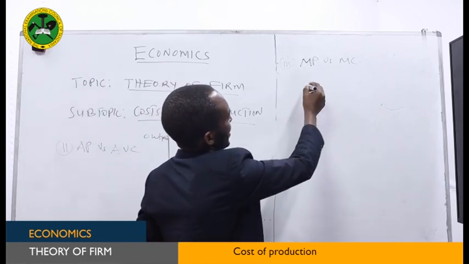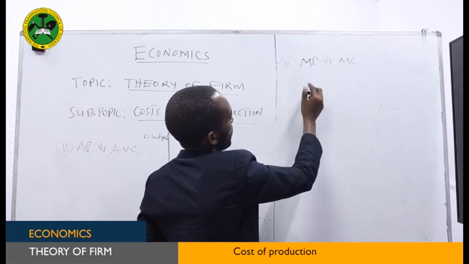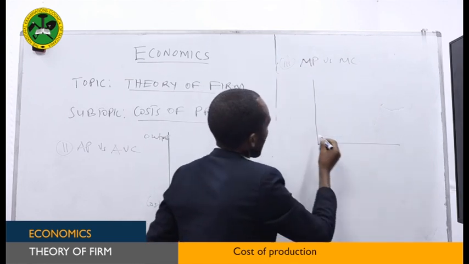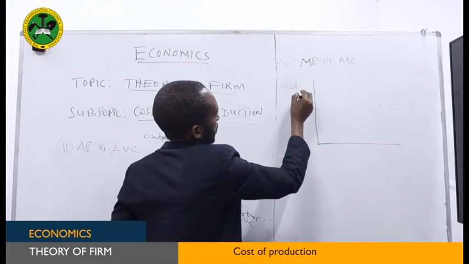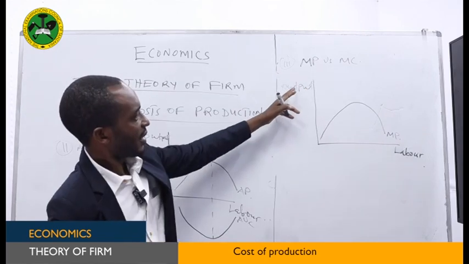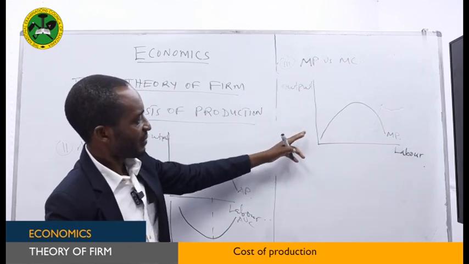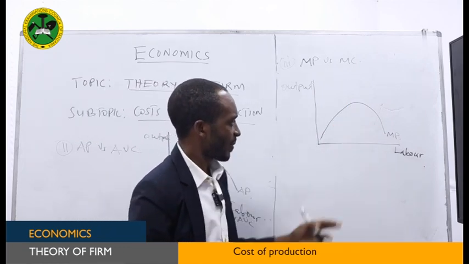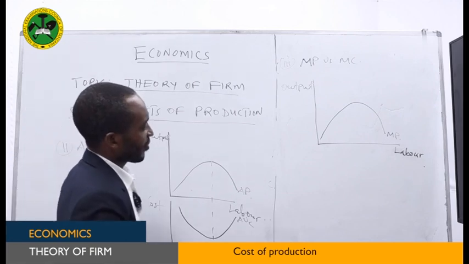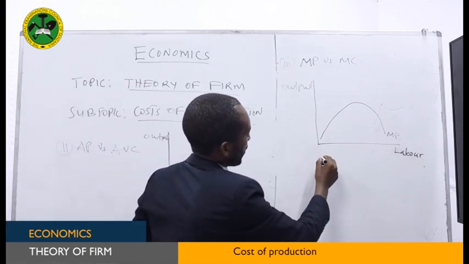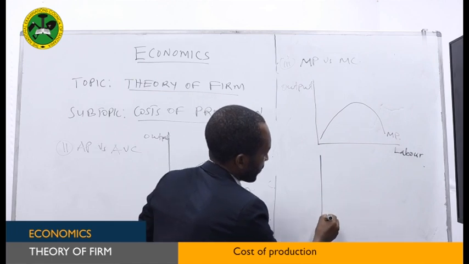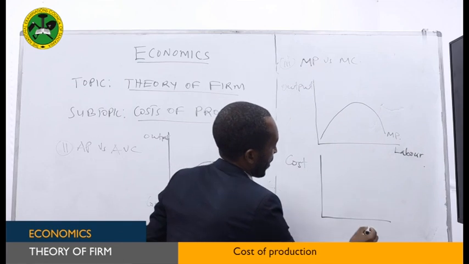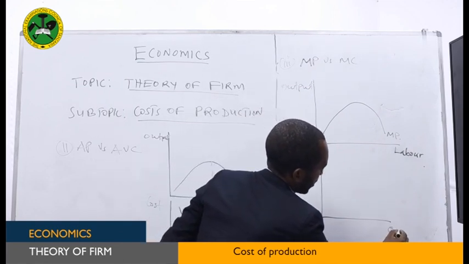Let us start with the graph of marginal product. Here is the output. The marginal product increases, then reaches maximum, then declines. Then we have a cost curve, which is the marginal cost curve. Here is cost and here is output produced.